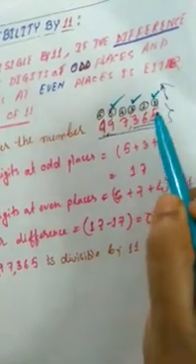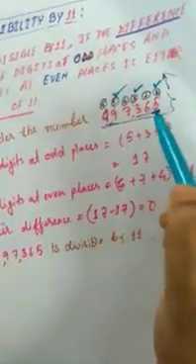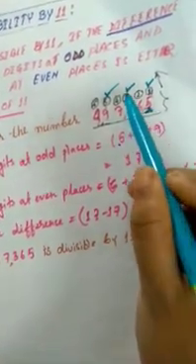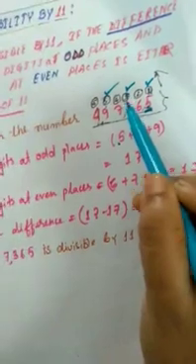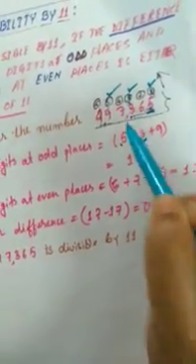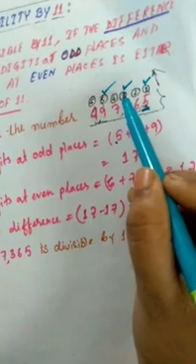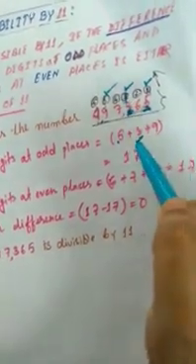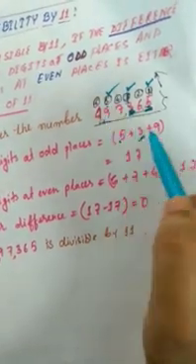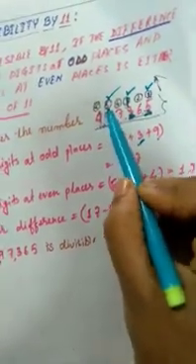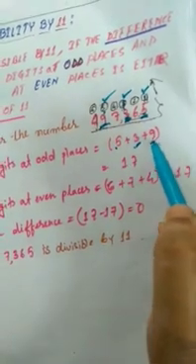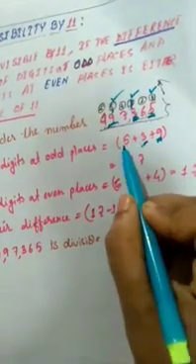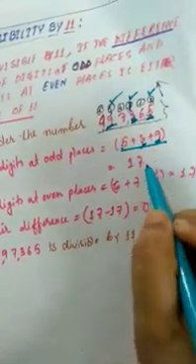So the digit at the first place is 5, then the third place is the digit 3, and the fifth place is the digit 9. As these are odd places, we have to find the sum. So 5 plus 3 plus 9 is 17.